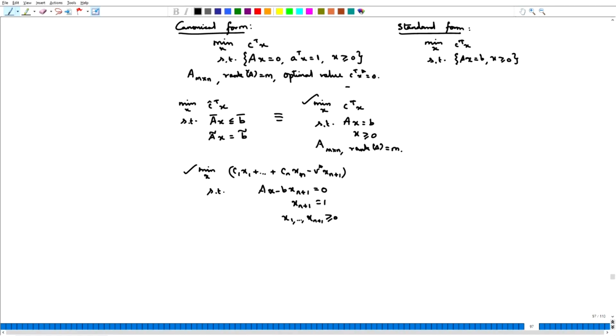I have also included the part minus V star xn plus 1, where V star is the optimal value of the objective function of the standard form.